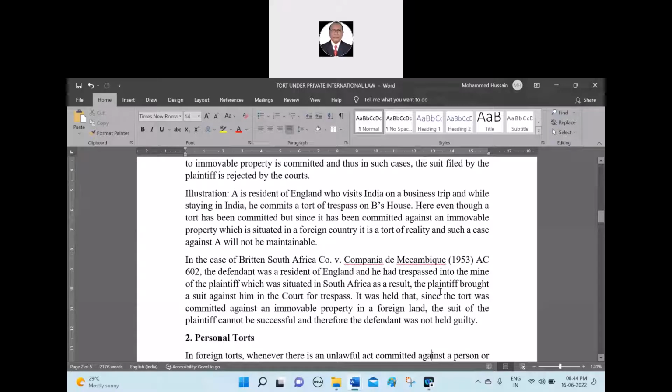Suppose somebody's land is there, and you enter into the land without the permission of the landowner. It is a trespass to land. Yes, the person cannot file a case against the foreigner in the court of law. The court of law says he is a foreigner, he doesn't know. But if every day he is making a trespass, and the bad intention is there, yes, he will be penalized.